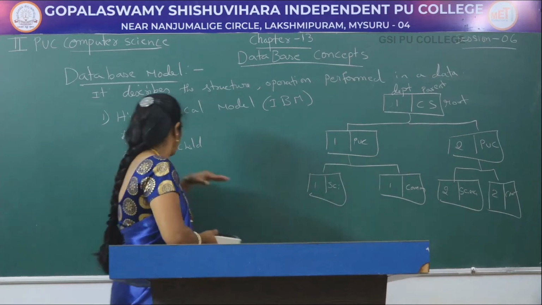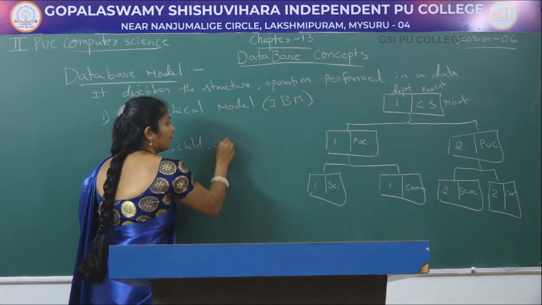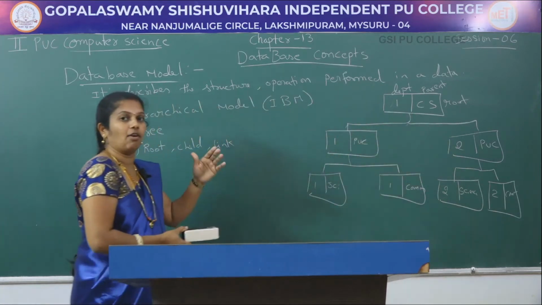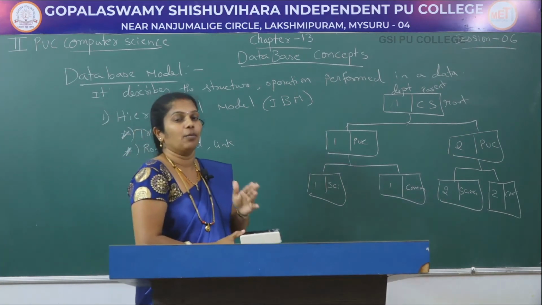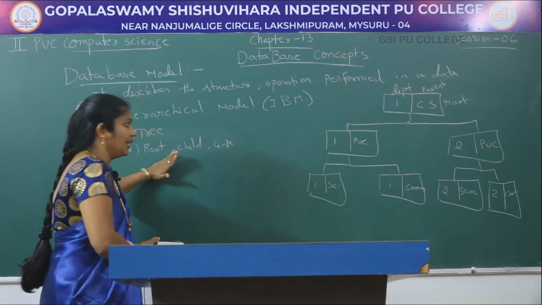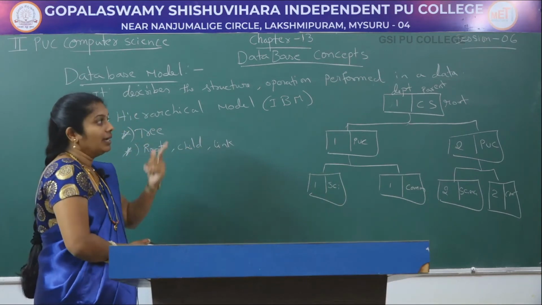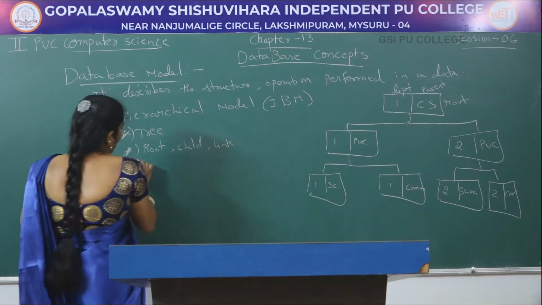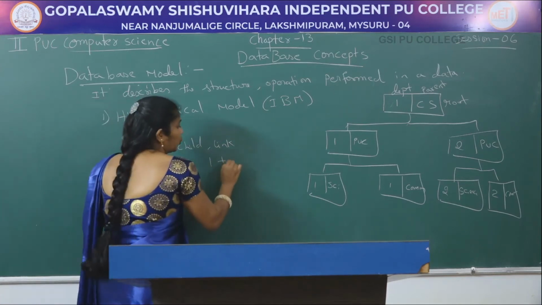In this we have root, child, and with that we have links. In between, they are connected with the help of links. It was developed by the IBM company, and here all the data are arranged in the format of a tree structure. With that, it follows the concept of one to many or one to one.